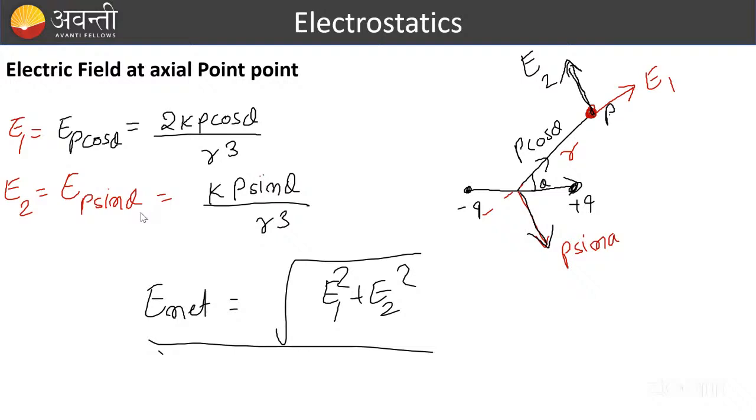That is why I have given no negative sign. At an equatorial point, the electric field is opposite to the direction of the dipole, and that is why, while writing the formula, we give a negative sign. But here the direction I have already indicated by arrows, and simply written the magnitude. So no negative sign. Okay?